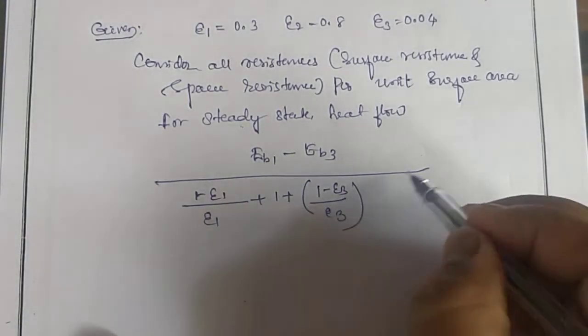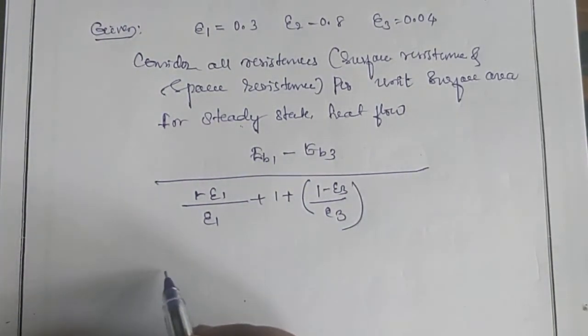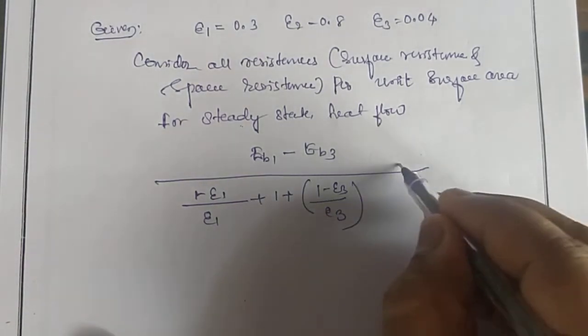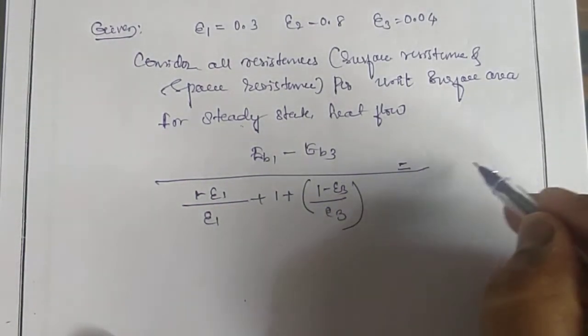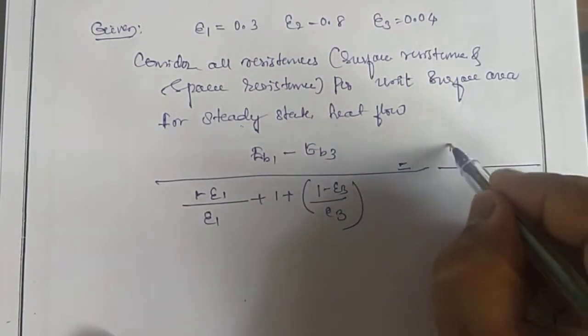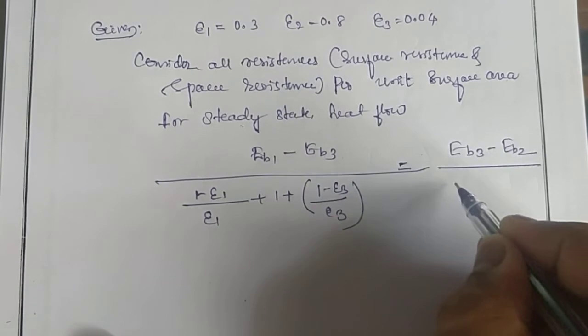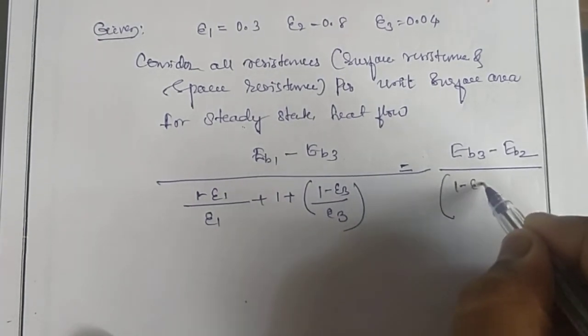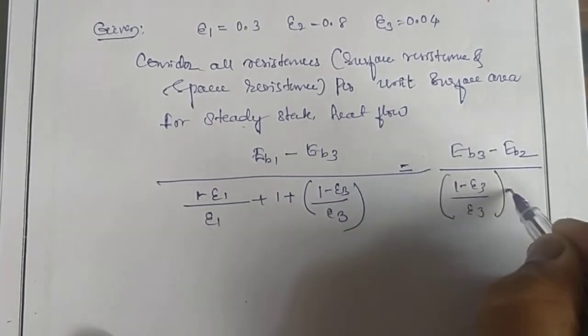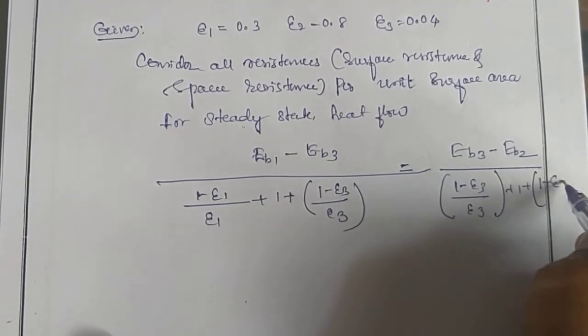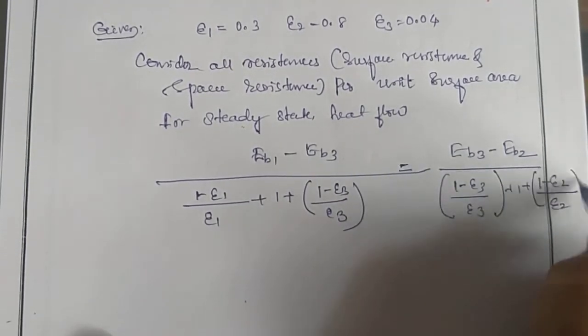Again, we have to modify this equation: it equals EB3 minus EB2 divided by (1 minus epsilon 3) divided by epsilon 3 plus 1 plus (1 minus epsilon 2) divided by epsilon 2.